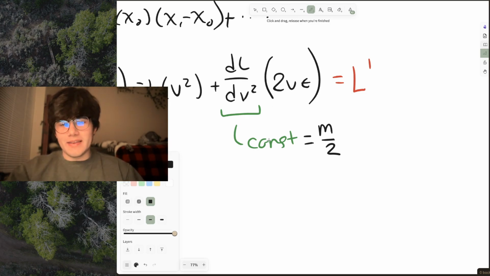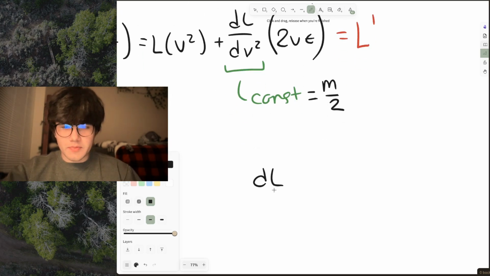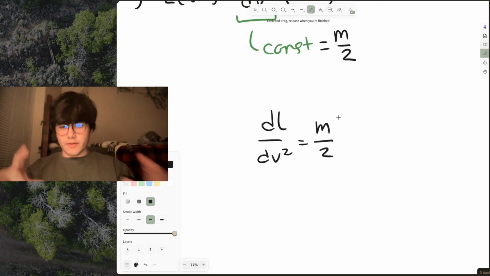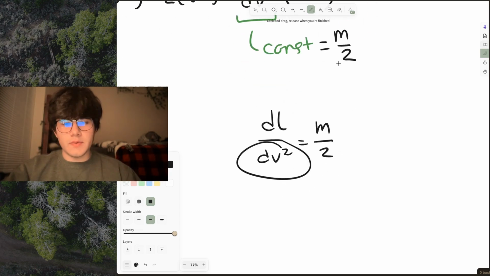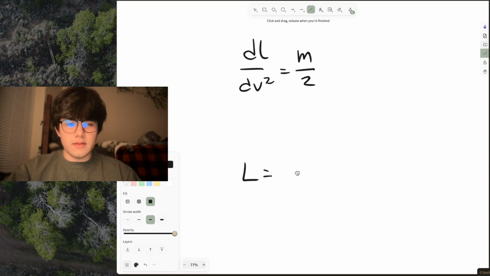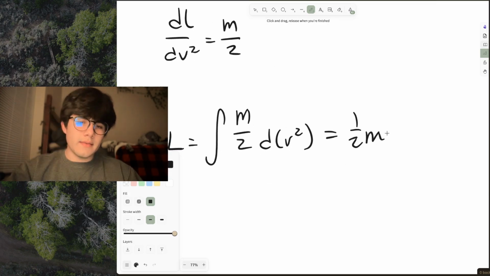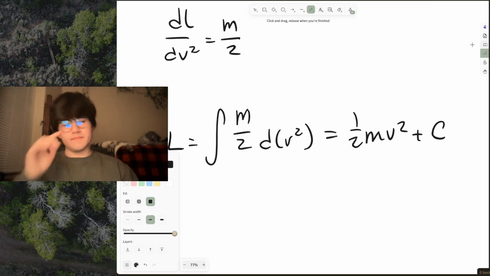But now if we have this property where dL over dv squared is equal to mass over 2, then if we integrate both sides with respect to dv squared, we'll have L is equal to this integral of m over 2 of dv squared, which equals 1/2 mv squared plus some constant.